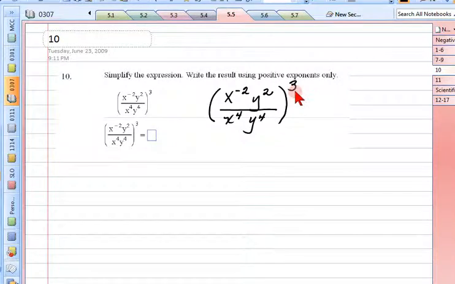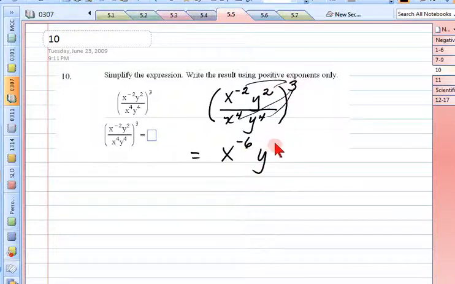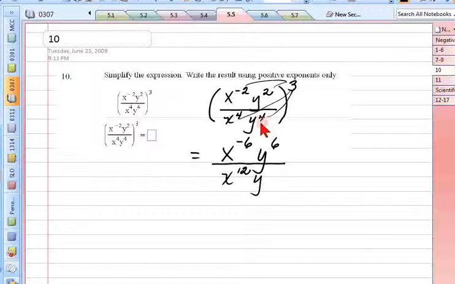This exponent on the outside will affect each and every one of the exponents on the inside. The power rule says multiply the exponents. So I will get x to the negative 2 times 3 is negative 6, y to the 2 times 3 is positive 6, over x to the 4 times 3 is 12, y to the 4 times 3 is 12. We just use the power rule.